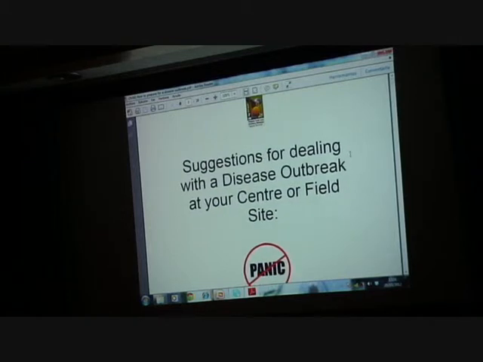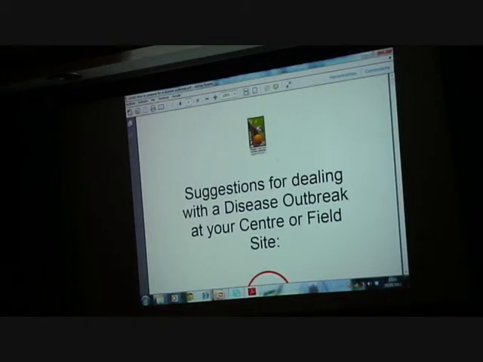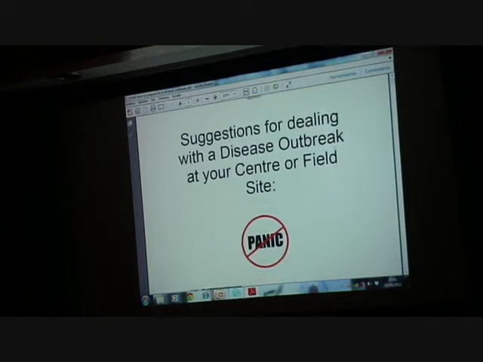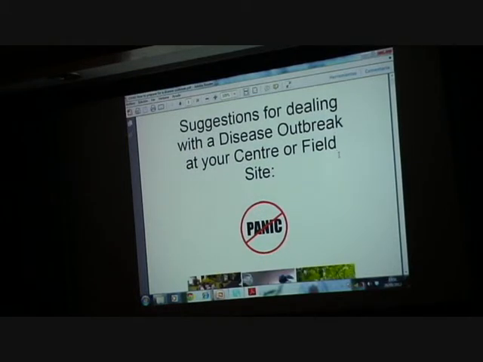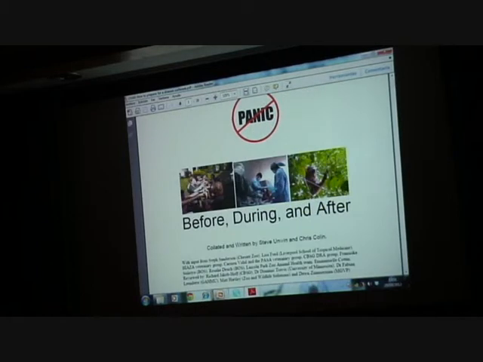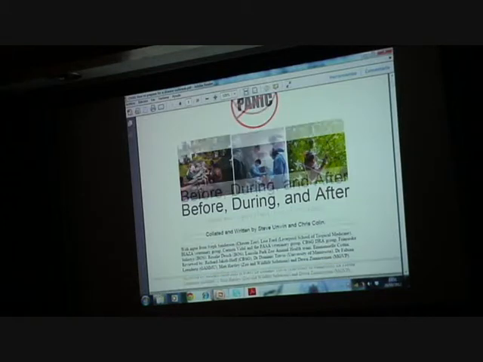That's why there's an orangutan there, but it could be just as easy as anything else. Rule 1, don't panic. What you do before is teamwork; during, that's what we do primarily as the vets, taking samples, doing postmortems; and how you assess it after.